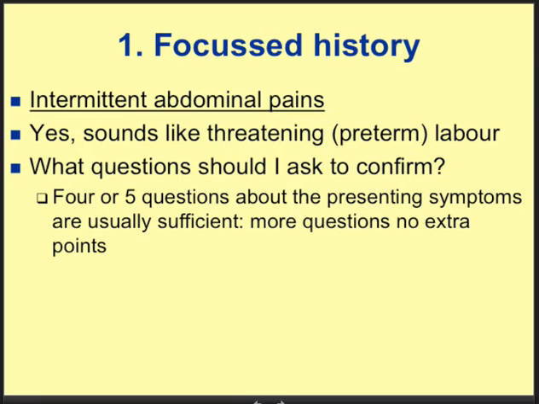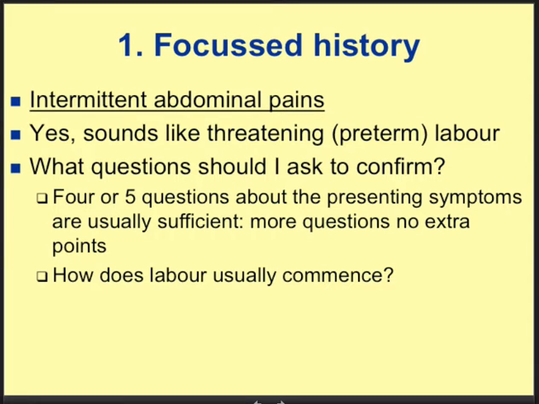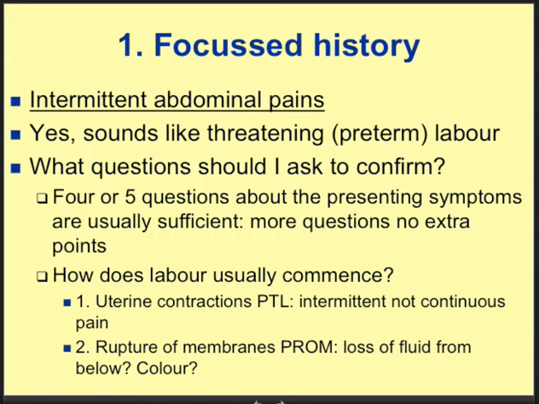Ask a few questions about the nature of the pain. I would suggest you ask an open question: What can you tell me about the pain? Because you know how labor usually commences. It's either with uterine contractions, which are intermittent, non-continuous, or rupture of the membranes. The water has broken.